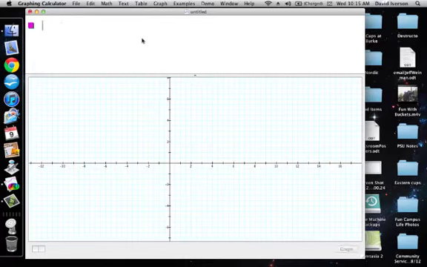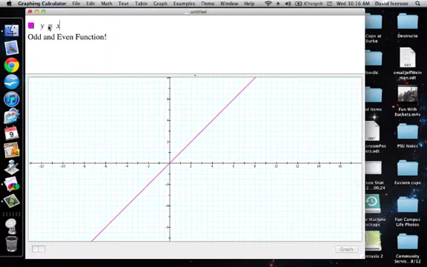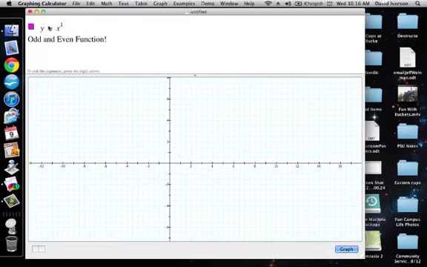Okay, so the next thing I want to talk about is odd and even functions. Let's give you an example. y equals x, which I'll call x to the 1, is going to be an odd function.